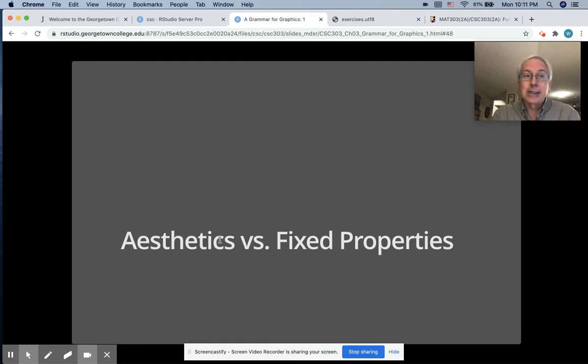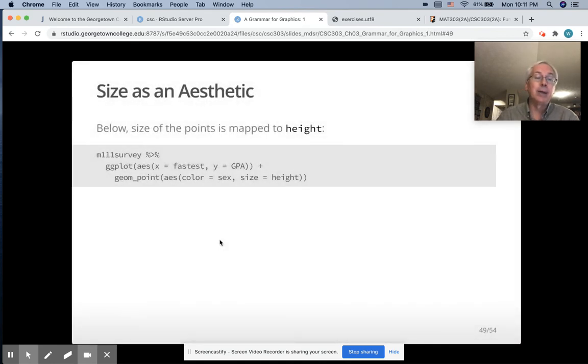we've been having aesthetics defined inside our glyph calls, but we don't actually have to include all properties inside an aesthetic command inside a glyph call. So let's look at a couple of variations on that here.